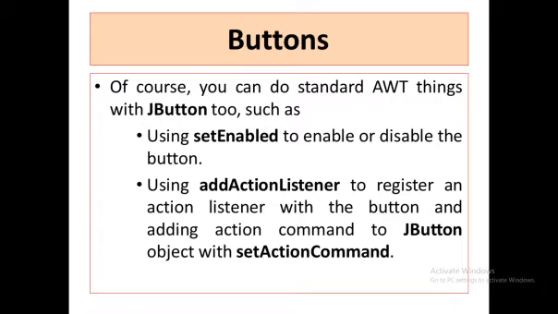Using addActionListener, this is an interface. Whenever we use the button, then we use this interface, addActionListener, to register an action listener with a button, and adding the action command to the JButton object with setActionCommand. It means we can add or register that particular action listener.